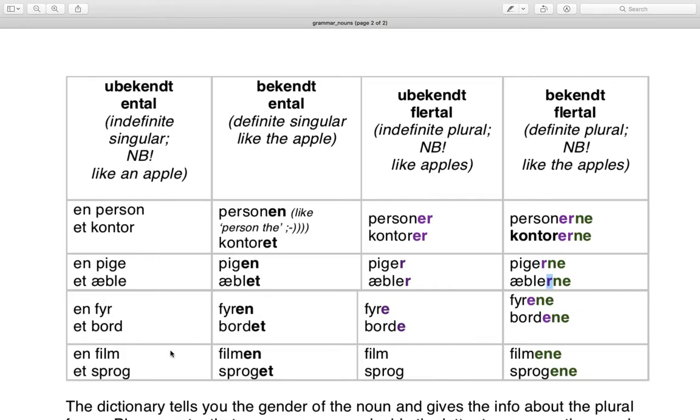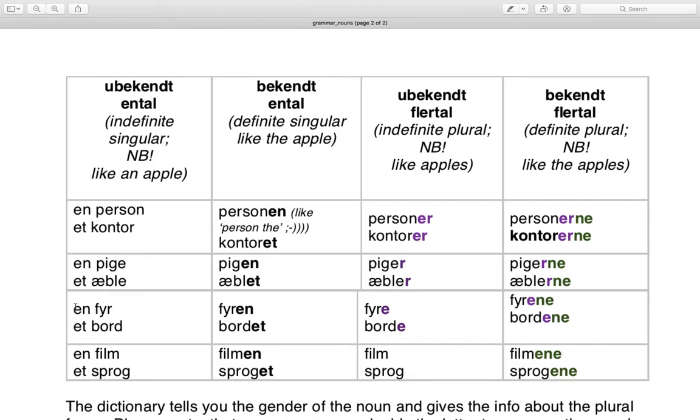Then another pattern of making the plural is with just the ending e. It's quite random which pattern the noun will choose, but again, there are some rules saying that if you have a long vowel, then it would more probably be this pattern, but it does not work 100%.